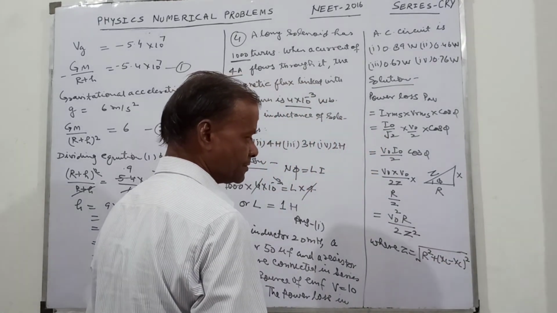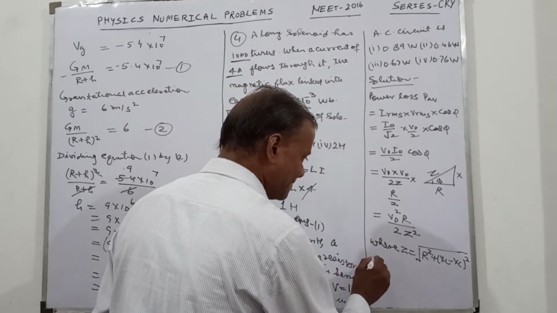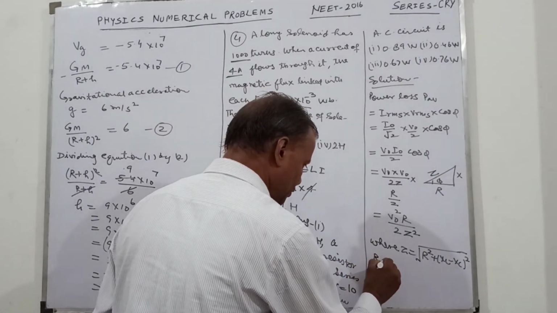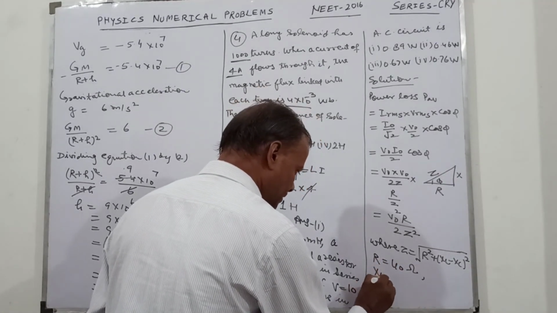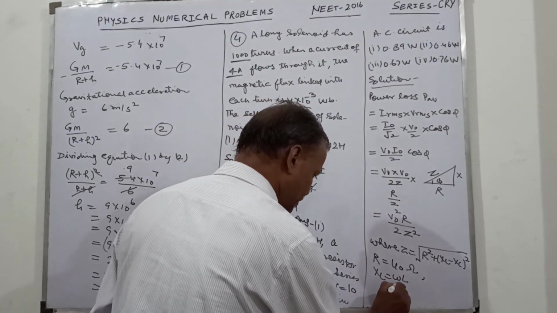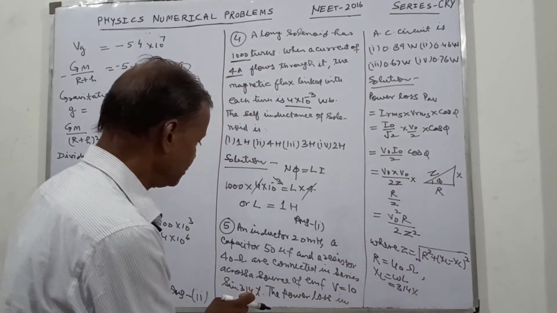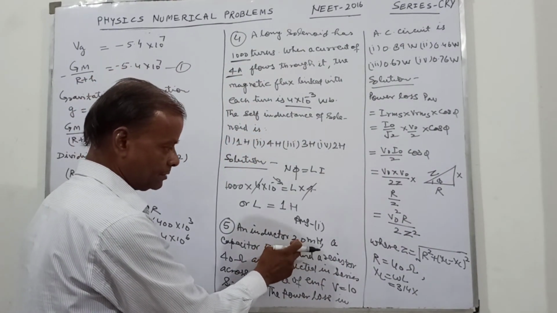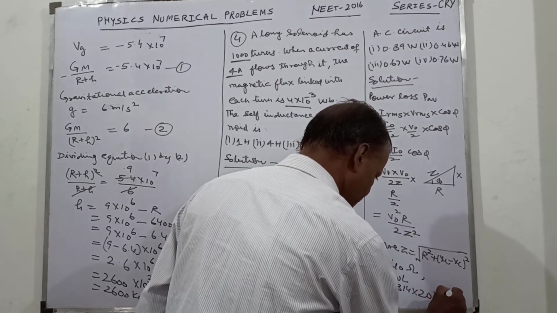What is given? R equal to 40 ohm. XL is equal to omega L. Omega is 314. L is given to you as 20 millihenry, so 20 into 10 raised to the power minus 3.